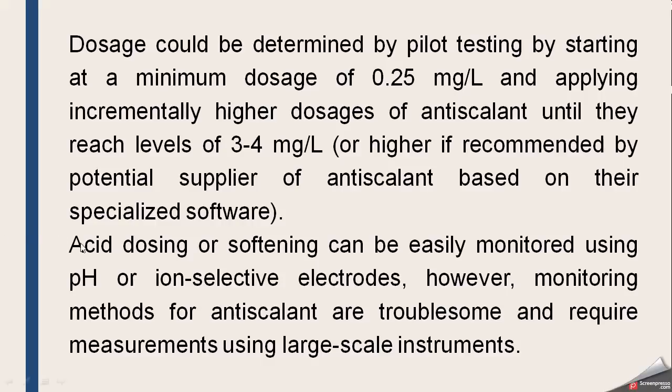Acid dosing or softening can be easily monitored using pH or an ion selective electrode. However, the monitoring of antiscalant is troublesome and requires measurement using large scale instruments, which is sometimes difficult. So we have to rely on some dynamic testing or some hit and trial to check the effectiveness of this antiscalant.